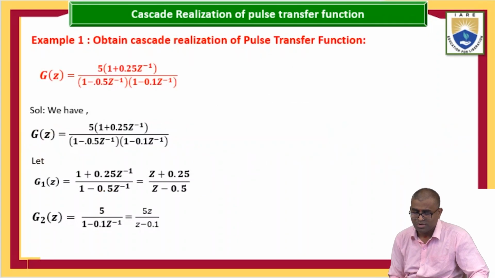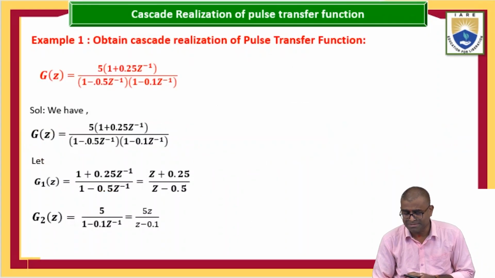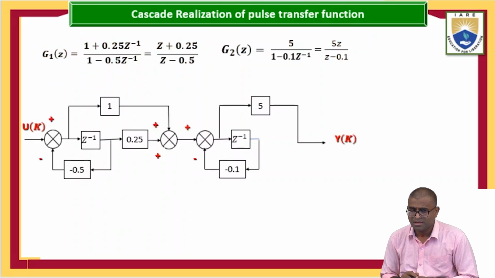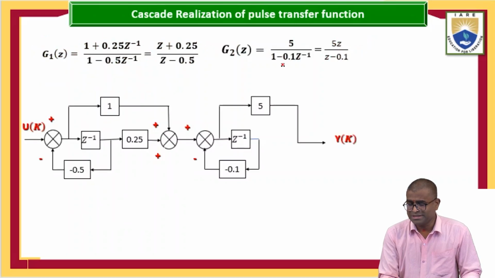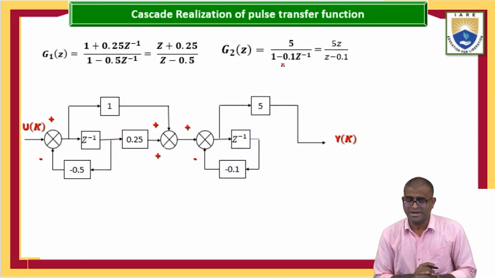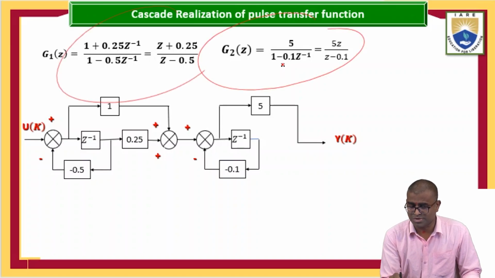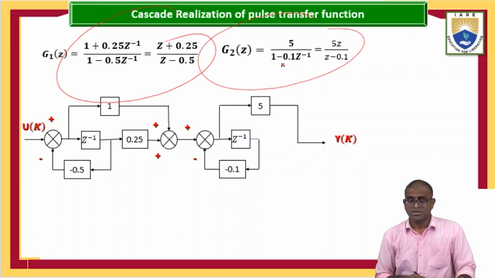Now coming to this one, in case of the parallel connection, see the problem. We are getting here 5 by (1 minus z), that is 5 by (z minus 0.1). This is the g1 part and this is the g2 part. So what happened?